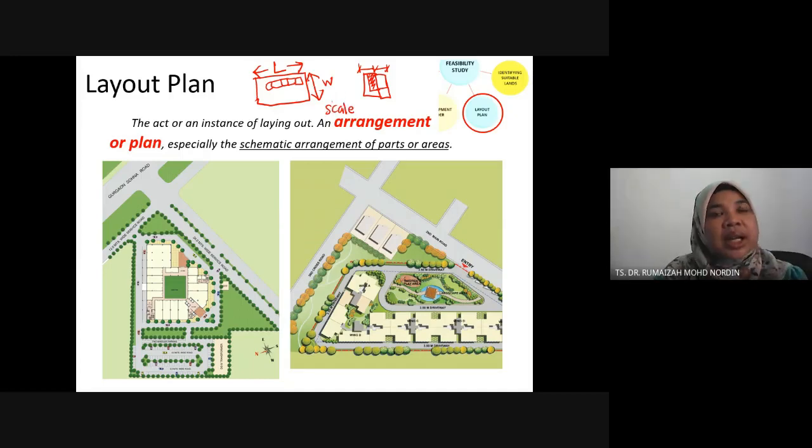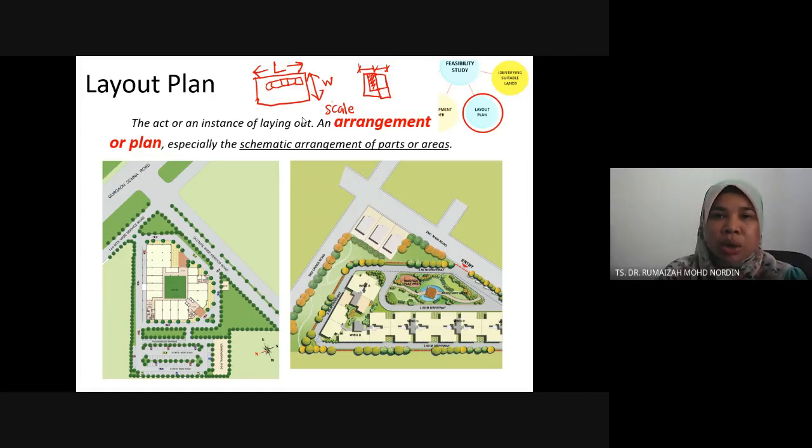Because there was one semester where the land was 5 acres, and they could build 200 houses. So I said to them, I asked you to do double story terrace houses, not double story land. So I need you to find the correct dimension to make this layout plan. Someone asked, doctor, do we have to use AutoCAD? Fine. Actually if you have the ability to use AutoCAD, by all means it makes things easier. But if not, you can always use a ruler.